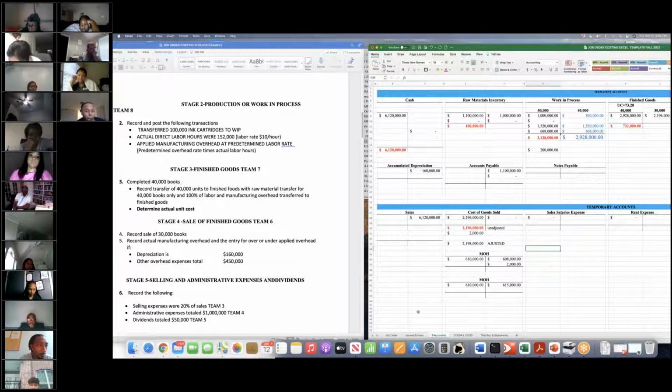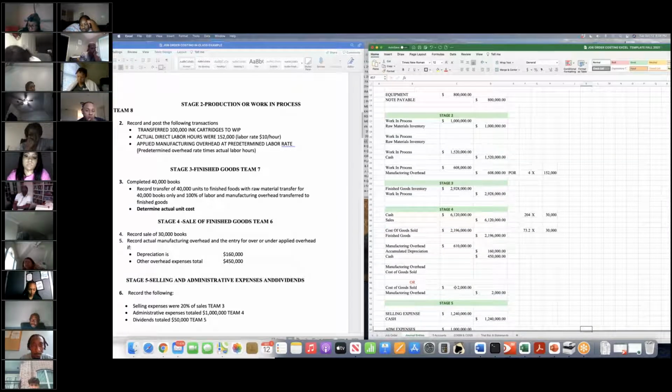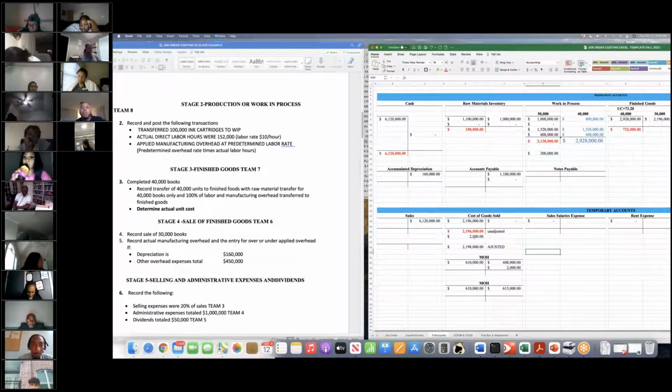So going back to our journal entries, we apply the overhead, the over or underapplied, and since we underapplied it, we debited cost of goods sold and we credited manufacturing overhead. We make an entry that will cause the T account to go to zero.